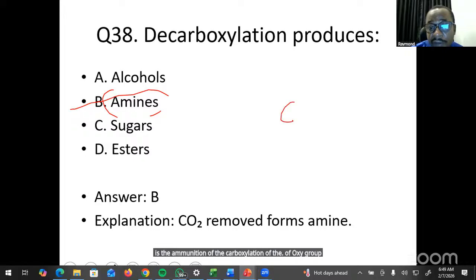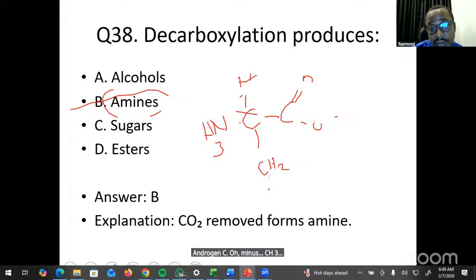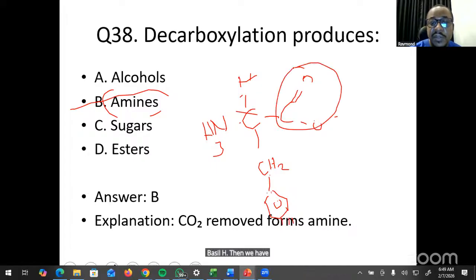So if you have an amino acid like this, with NH3, hydrogen, COO minus, CH2, benzene OH, and you decarboxylate this, you have an amine.